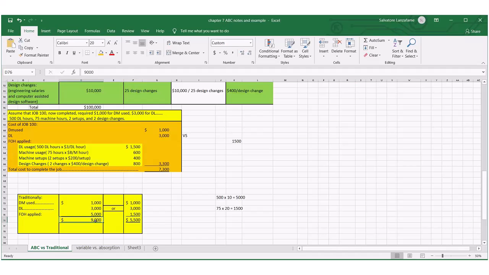So it seems like 9,000 is the highest using direct labor, 5,500 is the cheapest, but we're saying 7,300 is our ABC answer, which tends to be a more accurate way of identifying costs. Okay, so that's what activity-based costing is about.